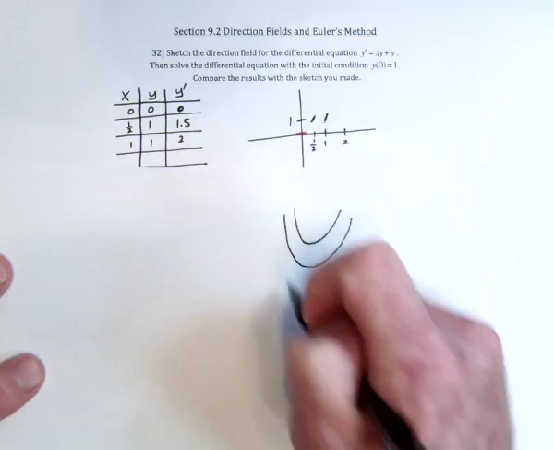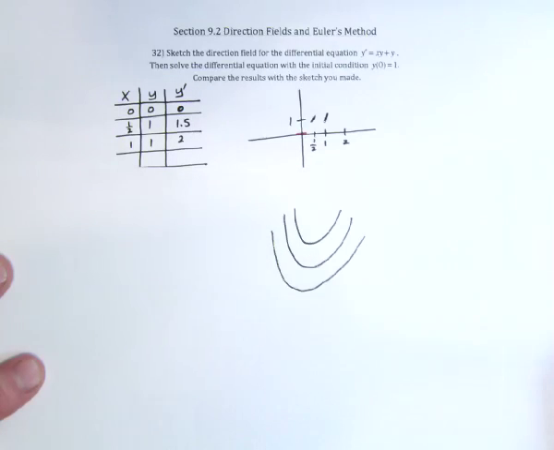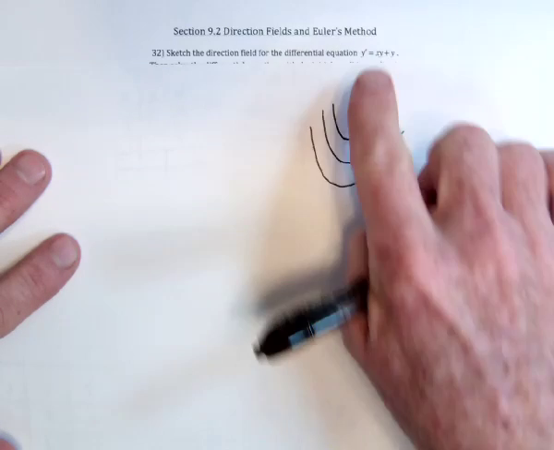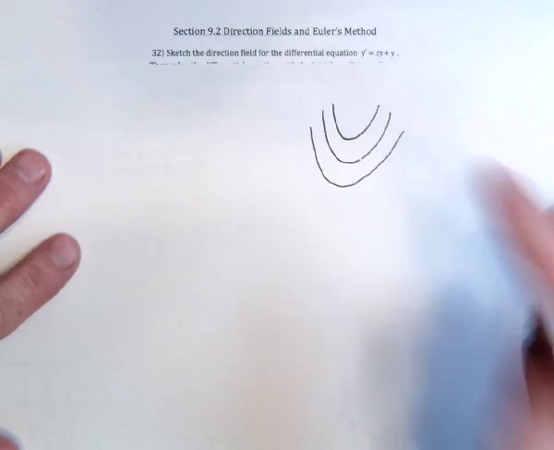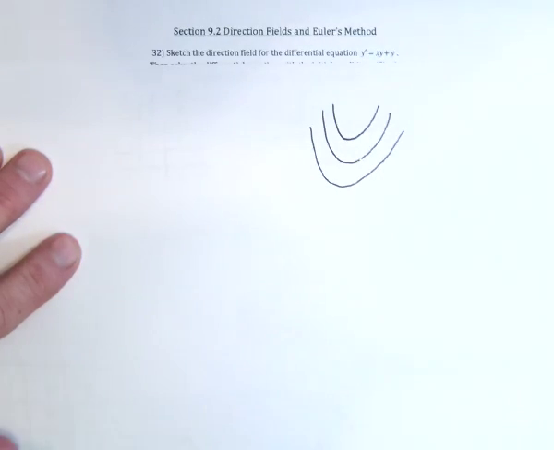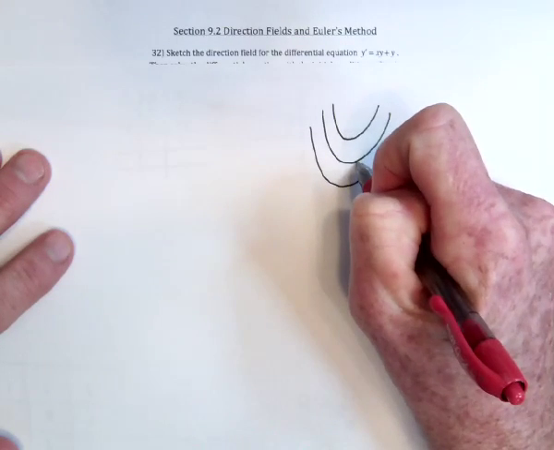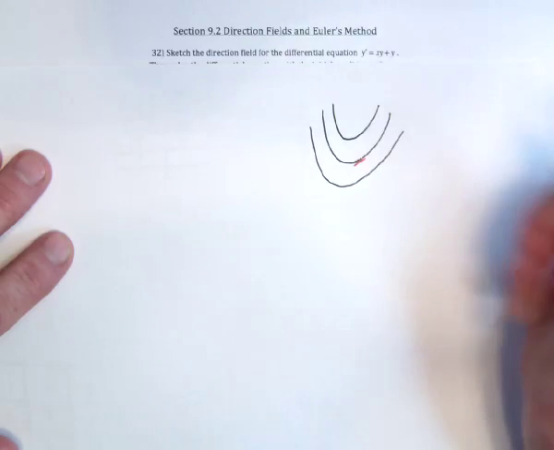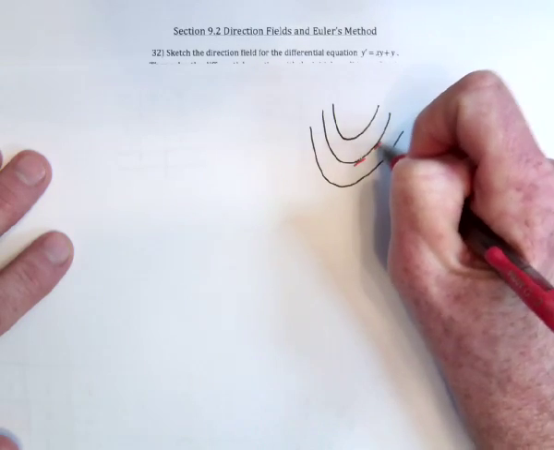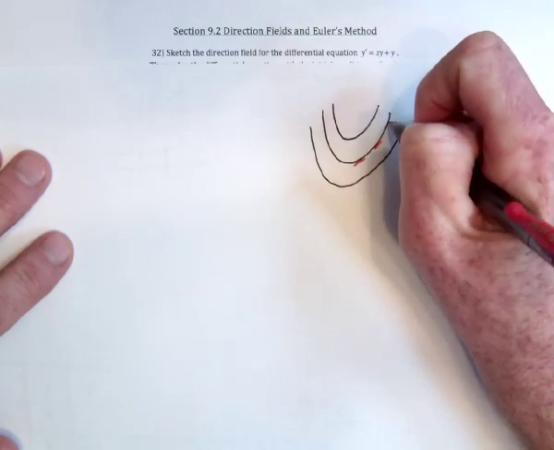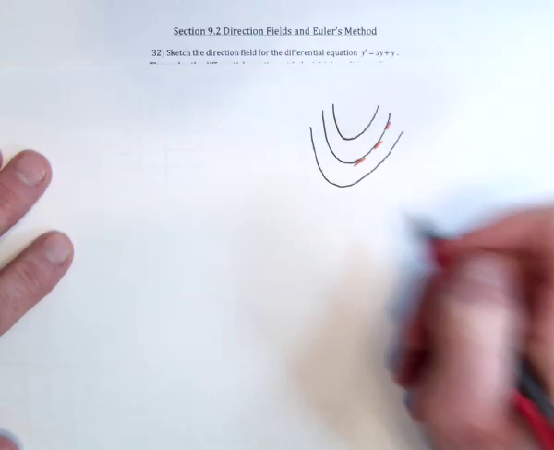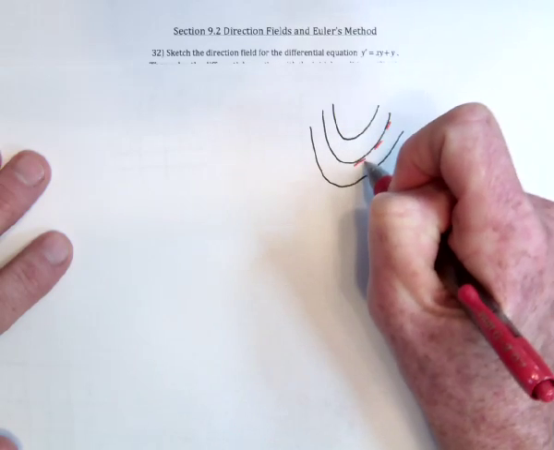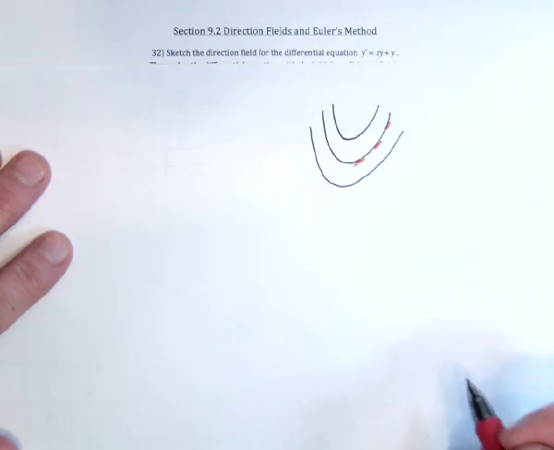It could be a parabola where the c is negative. Since we don't know what c is, at least not at this point, you could be picking up on one of the parabolas and saying, at this point, here is the slope of the tangent line. At this point, here's the slope of the tangent line. But what you've got to do is basically follow a pattern and then realize, I'm following this parabola right here.